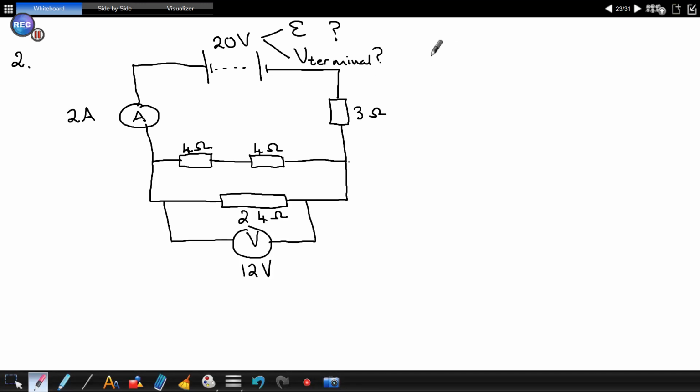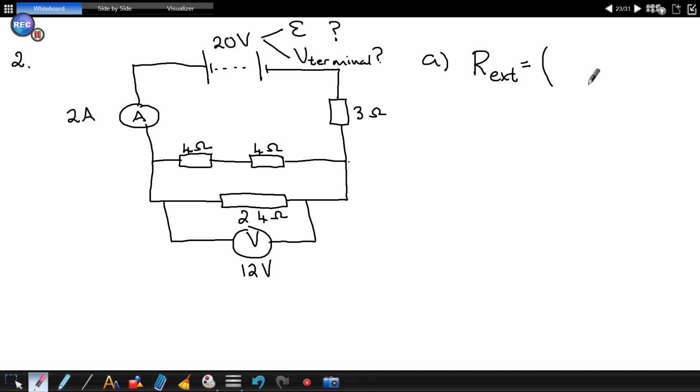So the first part of the question asks us to get the external resistance, the total external resistance. What would you do? Yes, you can. V external.